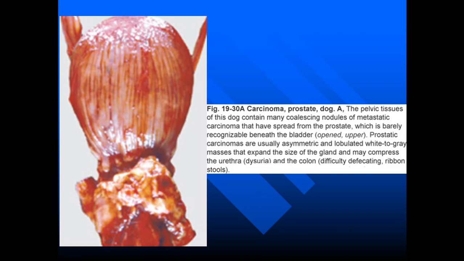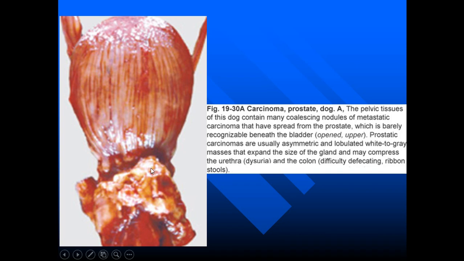Okay, this is the gross image of carcinoma in the prostate of a dog. Here, this is the urinary bladder, and this is the prostate carcinoma. Here, you can find an irregular surface, and besides the irregular surface there will be asymmetric enlargement in the prostate with white to gray masses.